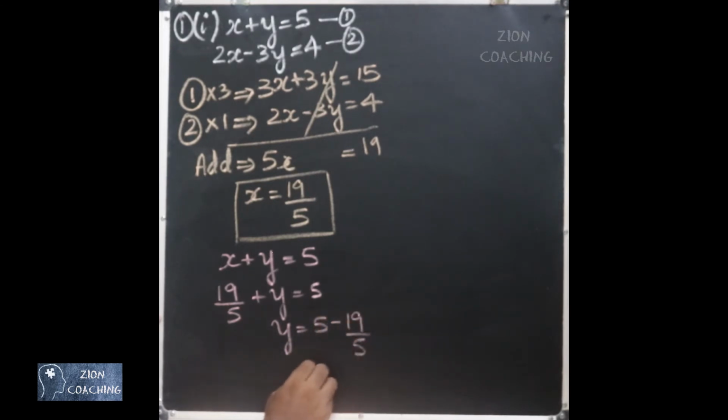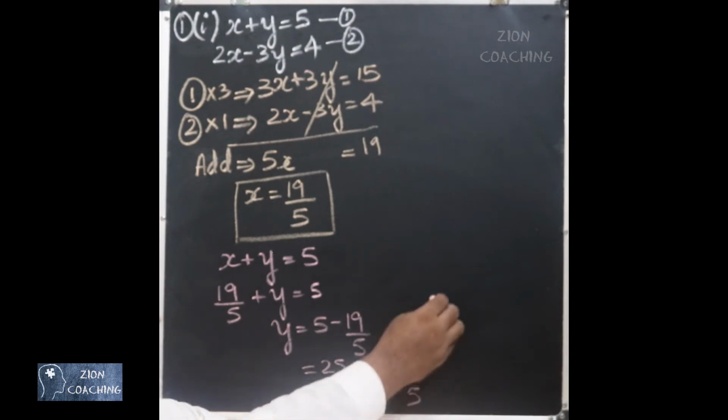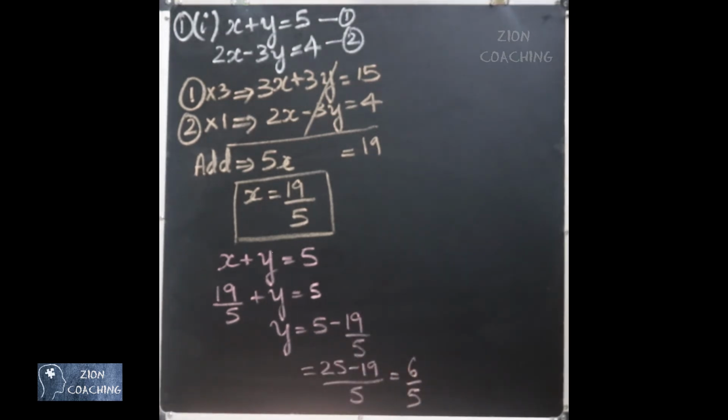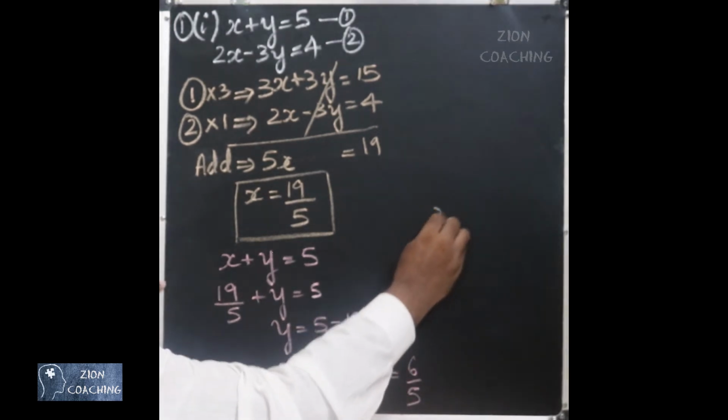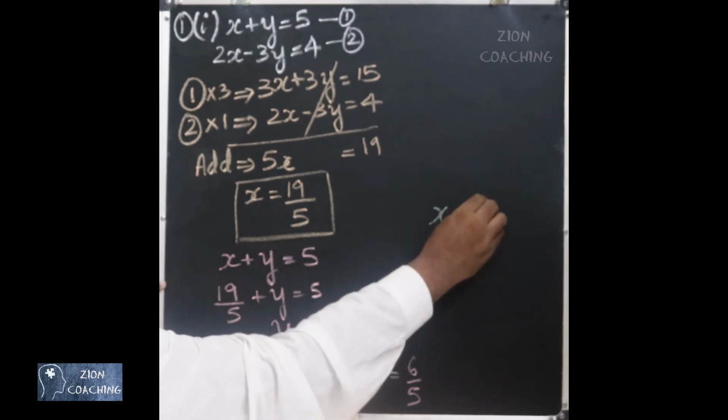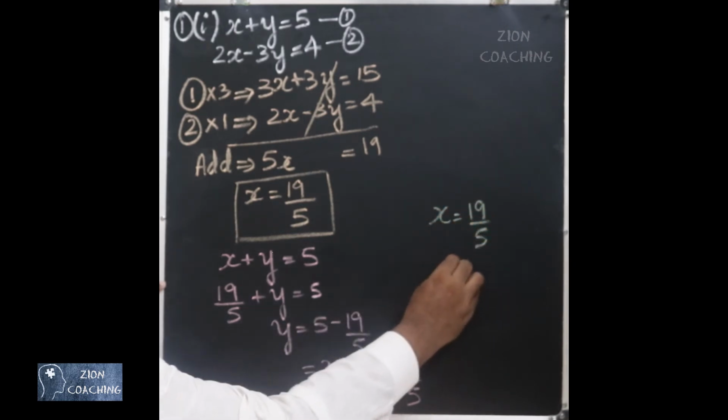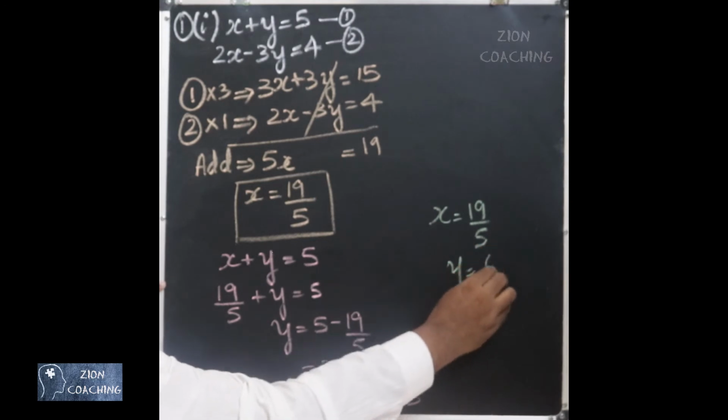When you take LCM, you are going to have 25 minus 19 divided by 5. That is nothing but 6 by 5. Now we have found both the values. Your x value is 19 by 5 and your y value is 6 by 5.